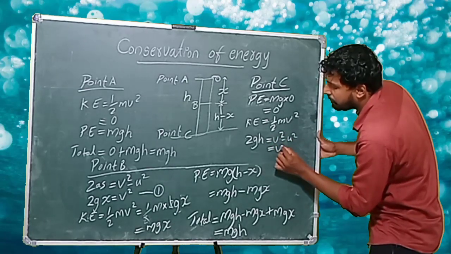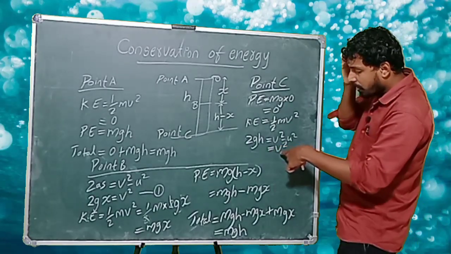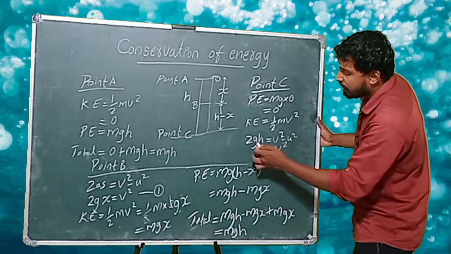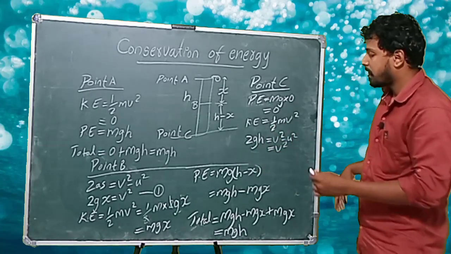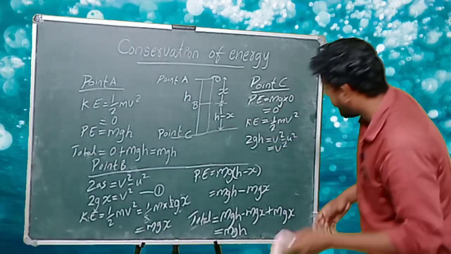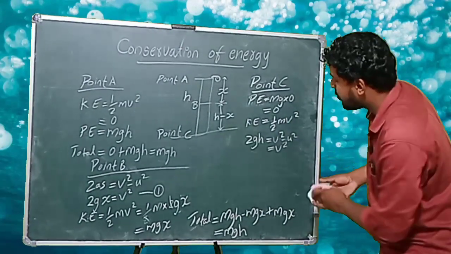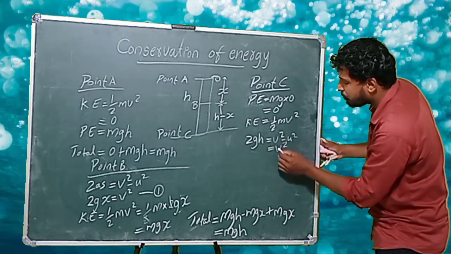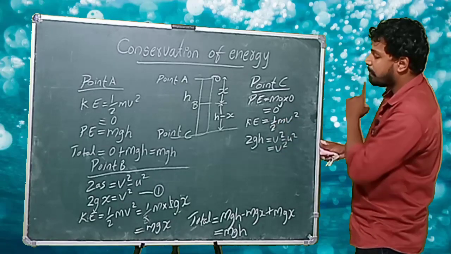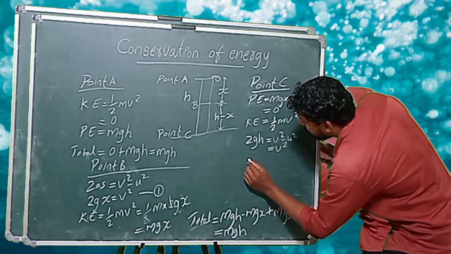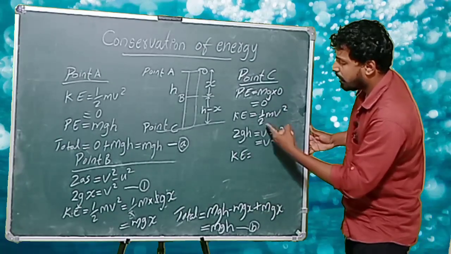Here u is 0, so 2gh is equal to v square. So kinetic energy is half m v square.